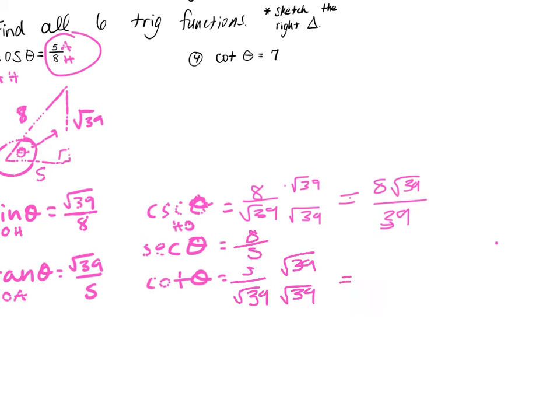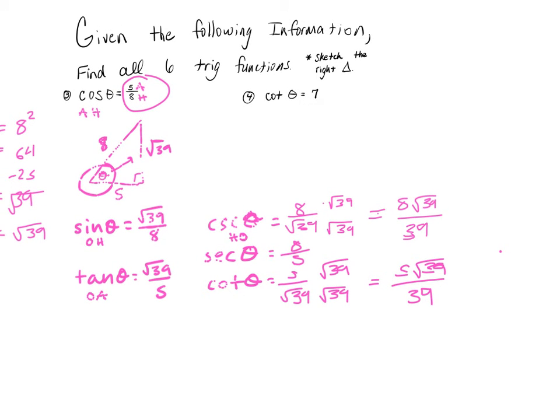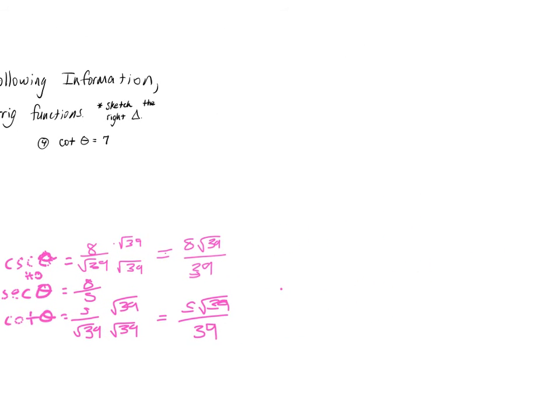All right, let's look at number 4. We have the cotangent of theta is equal to 7. So let's draw our triangle. Let's say theta is down here. What is cotangent?